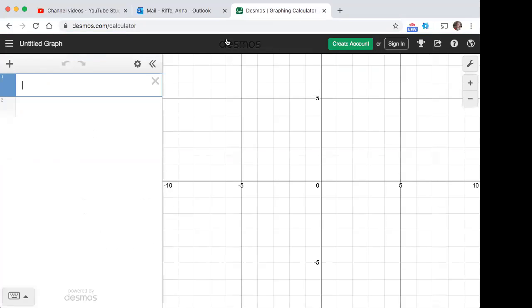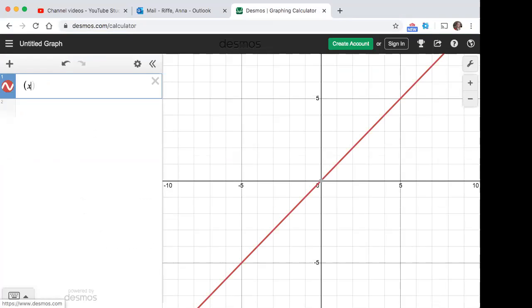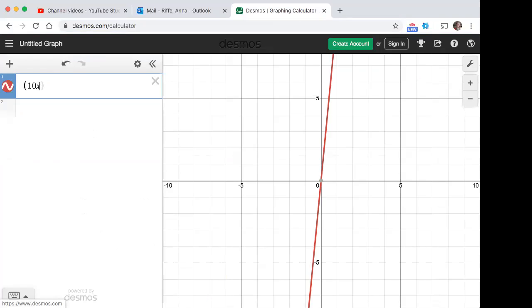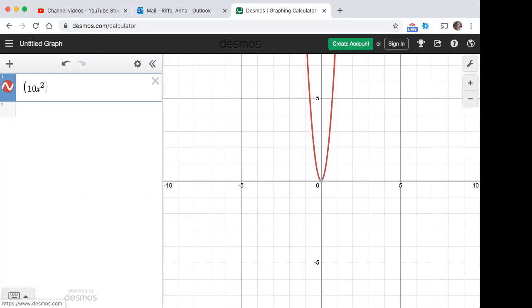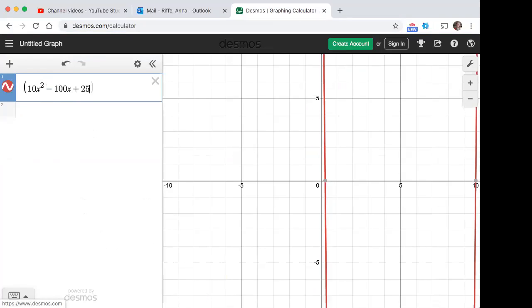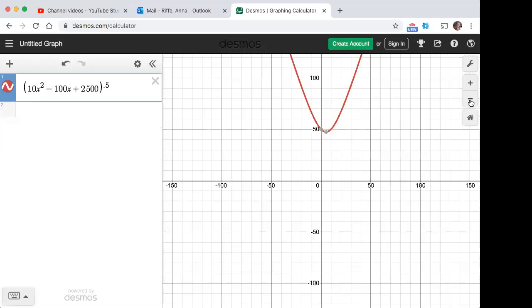Okay. And that denominator is 10x squared minus 100x plus 2500 to the power of 0.5. I'm going to zoom out. There we go.